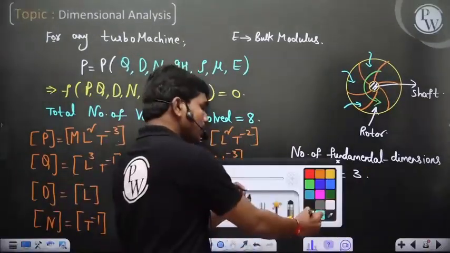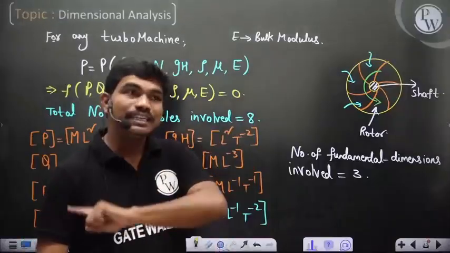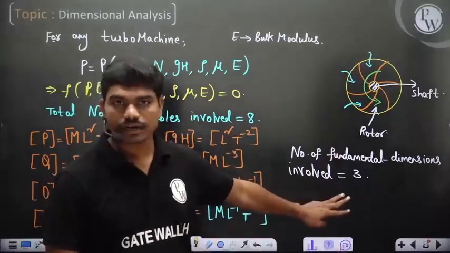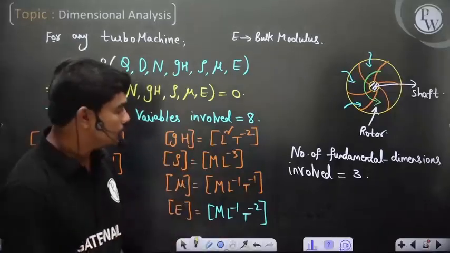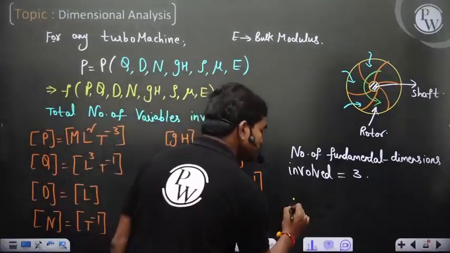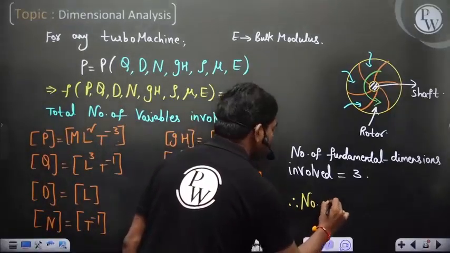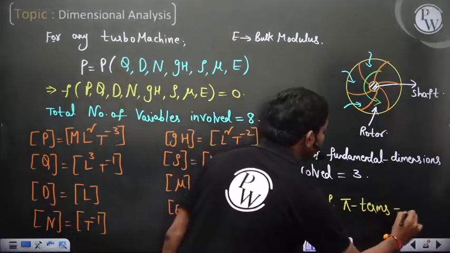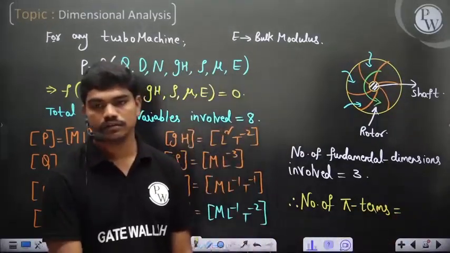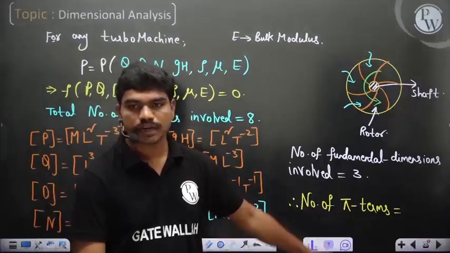So if the total number of variables is 8 and these 8 variables involve only 3 fundamental dimensions, apart from mass, length, time, you cannot see any other thing. So therefore, number of pi terms, how many do you have? Any idea? कितना pi terms आएगा?